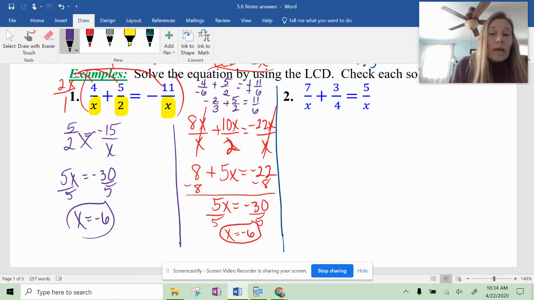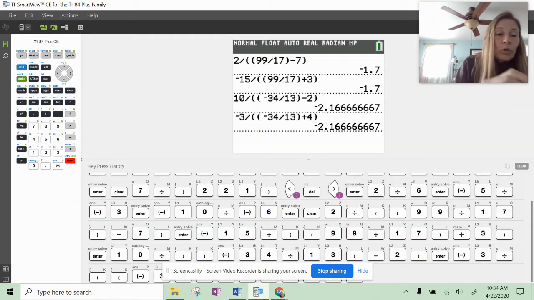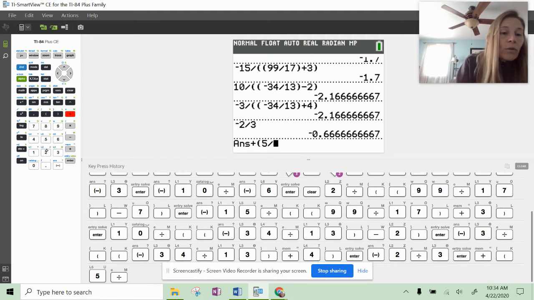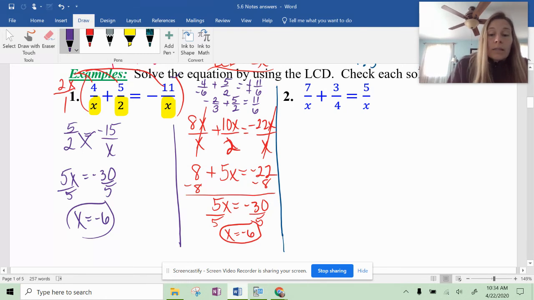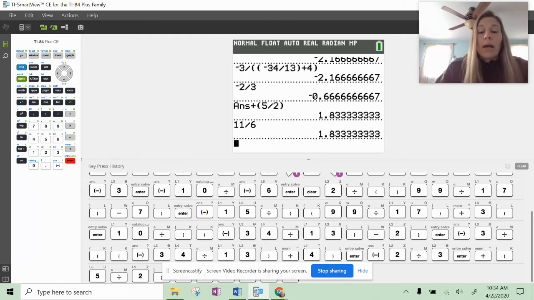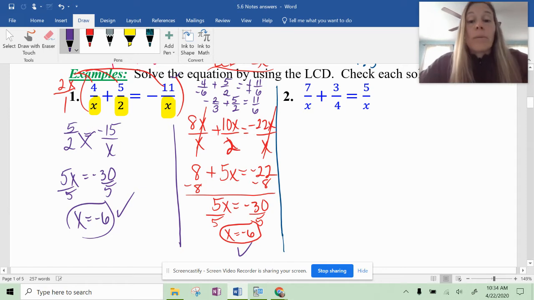So you can do it on your calculator or in your head if you're not sure. So negative 2/3 plus 5 over 2 equals 1.83 repeating. Then is 11 over 6 equal to that same thing? 11 divided by 6 is also equal to that. So then we know that this answer is legitimate.